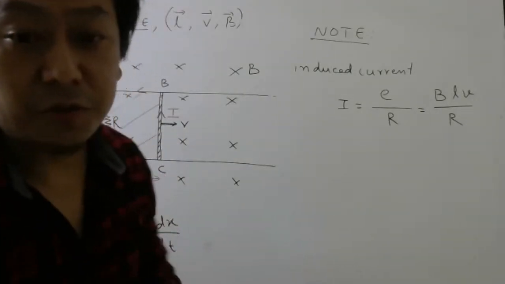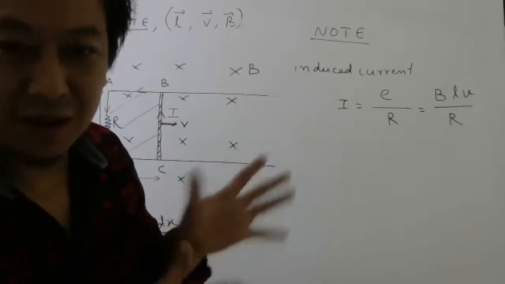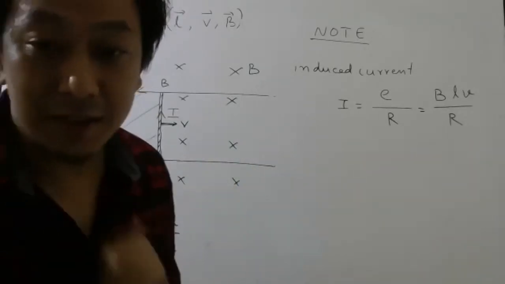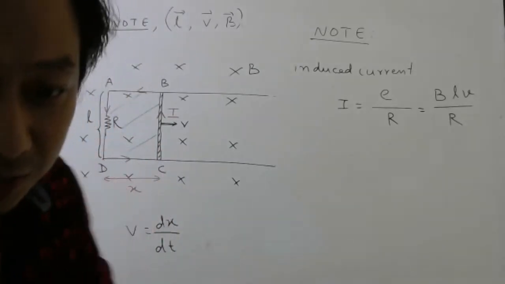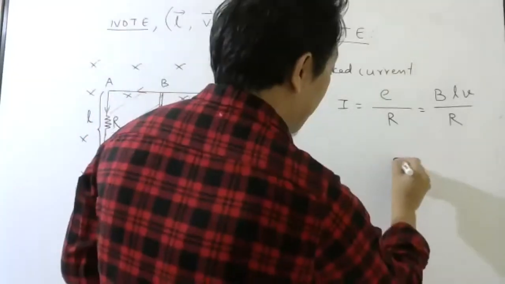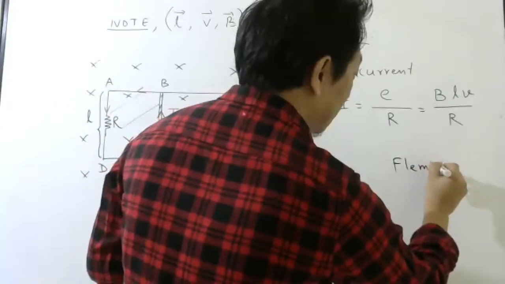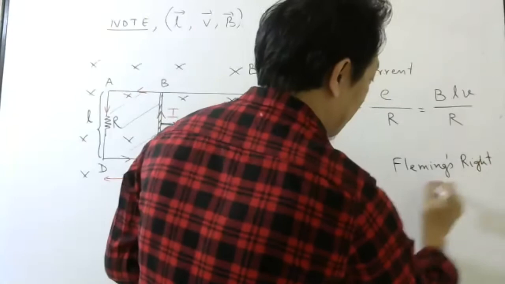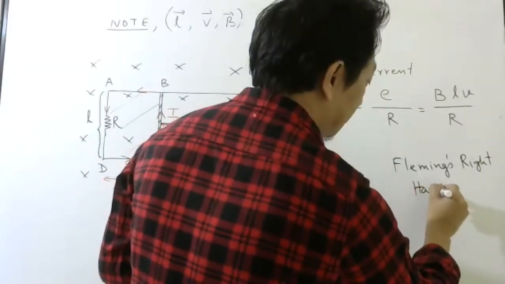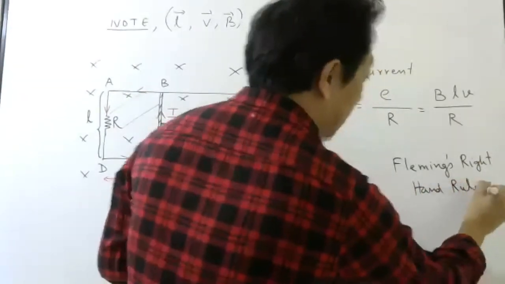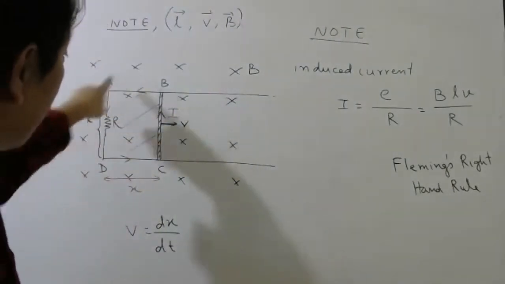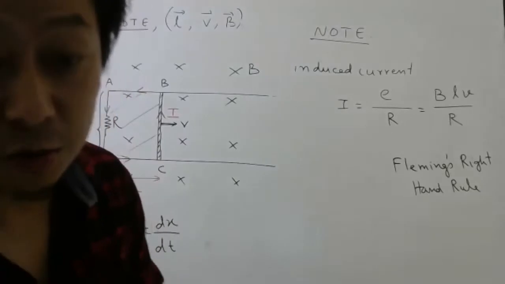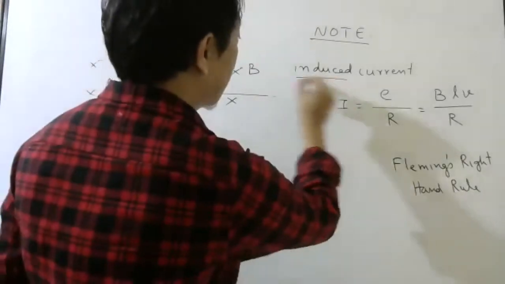Now, suppose you find difficulty. Suppose you say, sir, increase in flux, what you are saying is a little difficult. Then there is one help. You can use something called Fleming's right hand rule. So to find the direction of the current, you can use Fleming's right hand rule. But which current? Please remember, induced current.